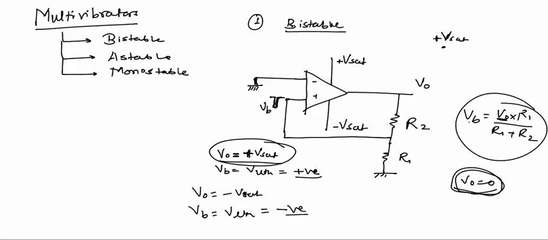If it is negative, then VA is 0, VB is negative, and output will always remain at minus Vsat. So for this circuit, minus Vsat is also a stable state. For changing the output, we will have to again apply a pulse at VB. This time we will be applying a positive pulse at VB. So this is the bistable multivibrator. This circuit is important from the examination point of view, and based on this circuit, questions may be asked.